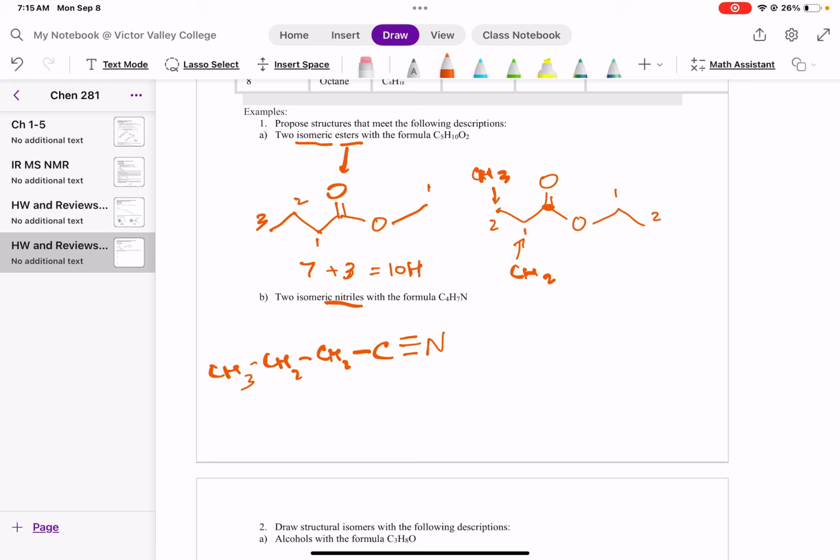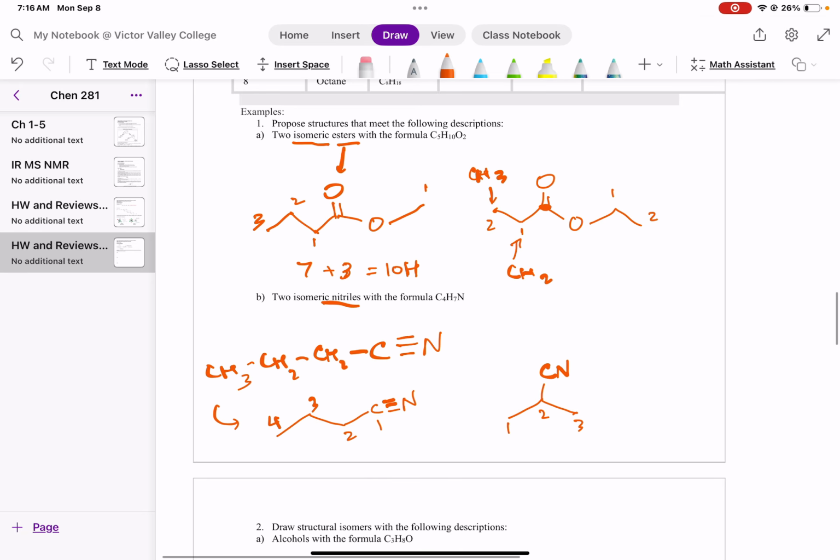Okay, now this one is the same as 1, 2, 3, 4. So that's 1, 2, 3, 4. Or you can do, you got 1, 2, 3, and the carbon of the CN makes it a 4.